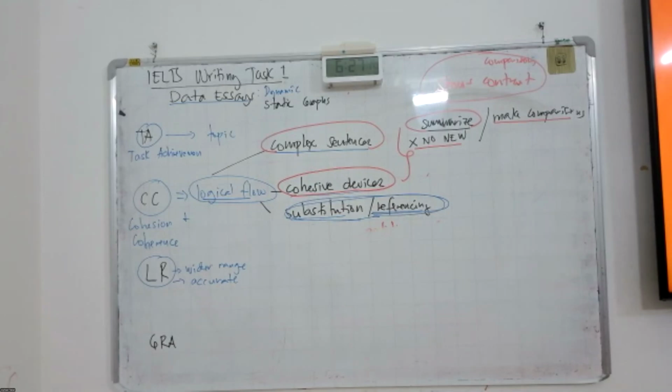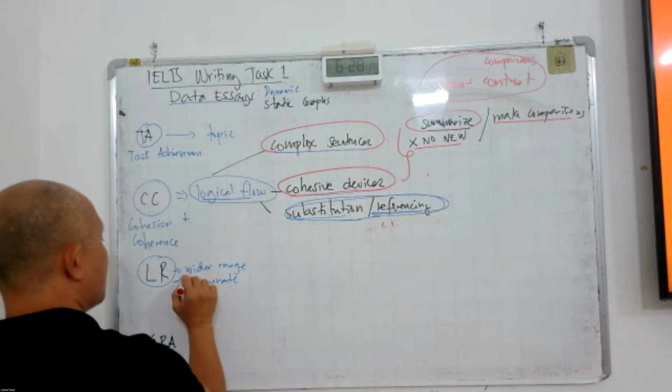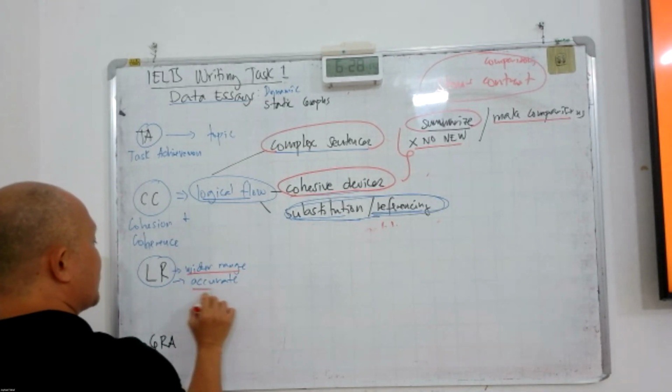So there are two key important points to check for lexical resource. The first one is the wider range of vocabulary, and the second one is accuracy.